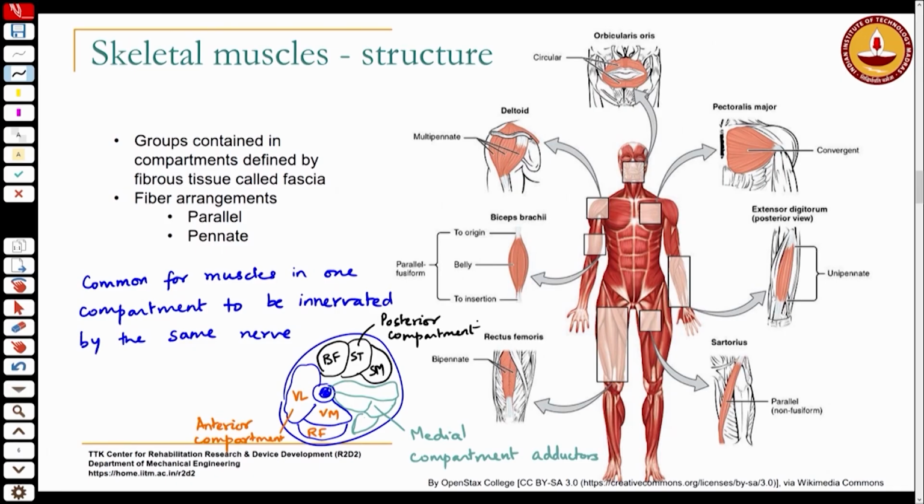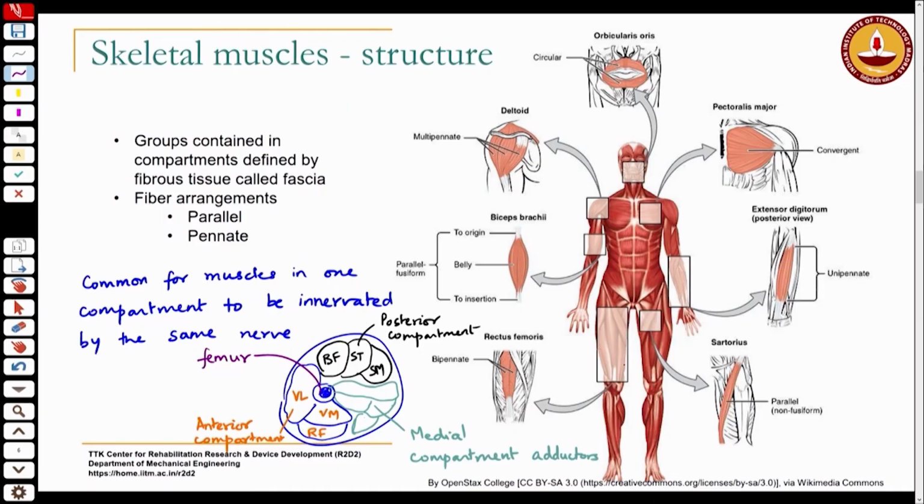So, if I am giving you a cross section of this and this is your femur, that is your femur. Femur is your thigh bone. So, which leg is this a cross section of?